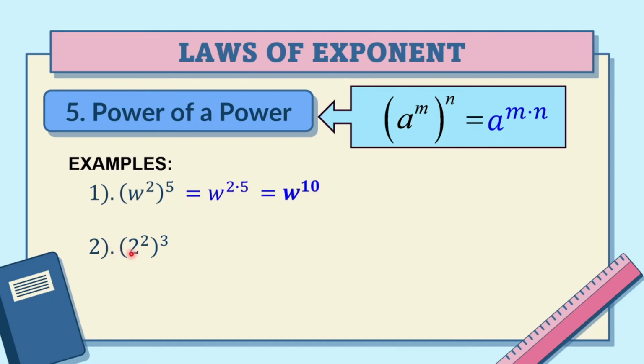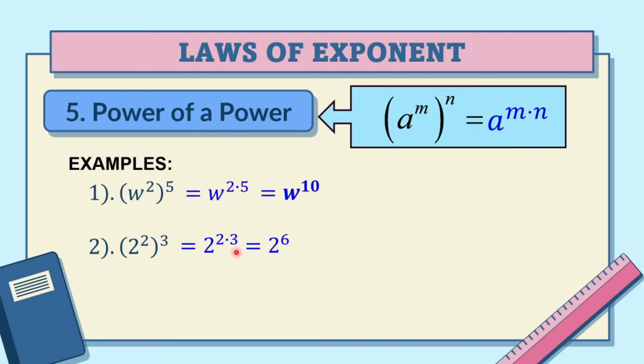Number 2, we have 2 squared raised to the quantity of 3. So, ang gagawin, copy the base, which is 2, then multiply the exponents 2 and 3. The final answer is 2 raised to the power of 6. Pero dahil ito ay isang coefficient or constant number na naka-raise sa isang given exponent, ang gagawin natin is simplify pa natin siya.